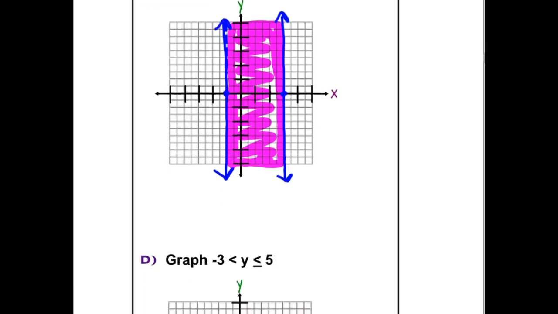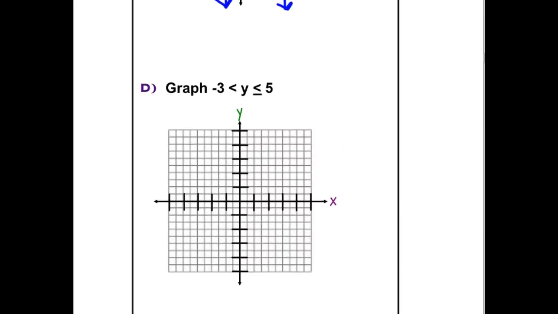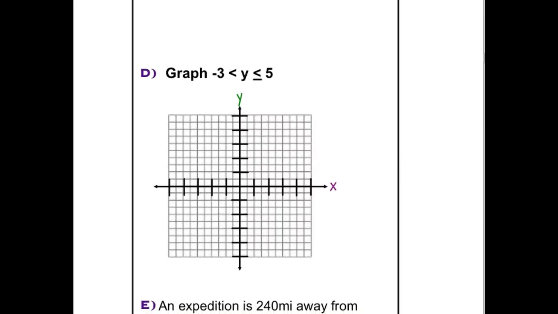Likewise, now we've got -3 is less than y, which is less than or equal to 5. So when we go to graph, we've got y, so that tells me my lines are horizontal.